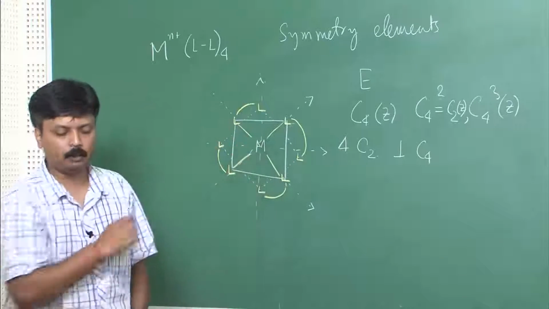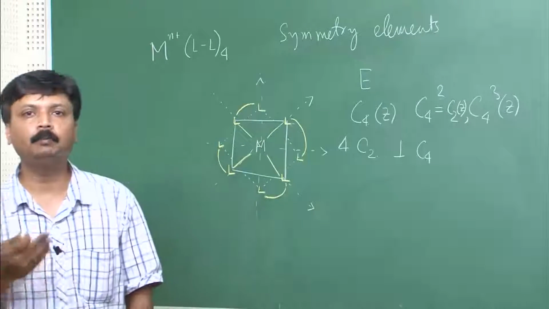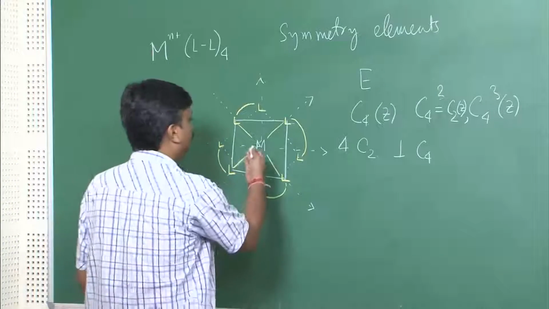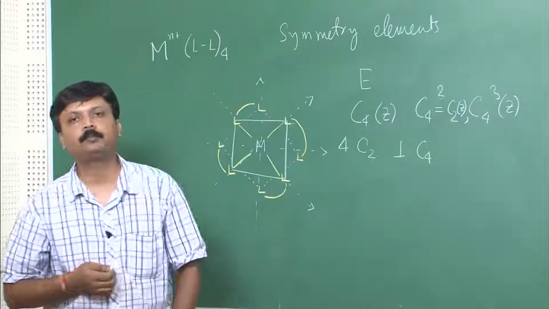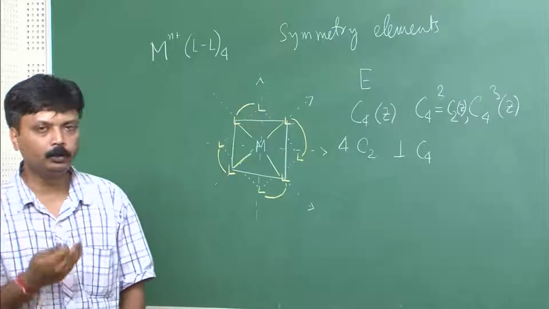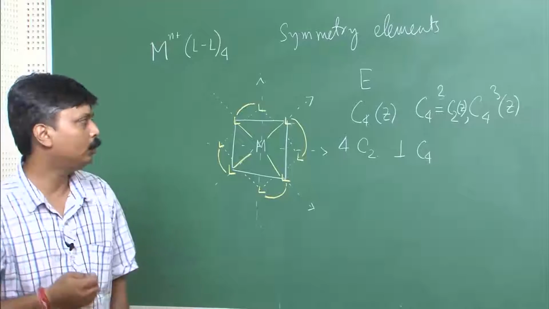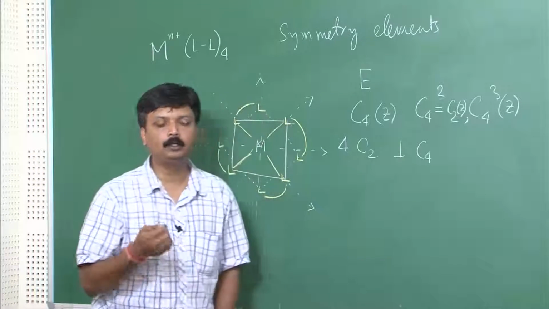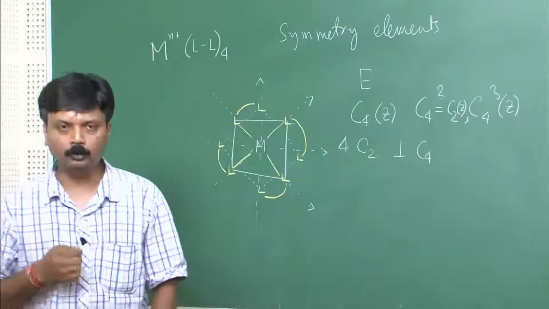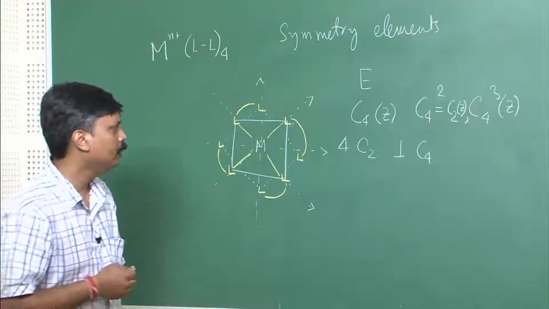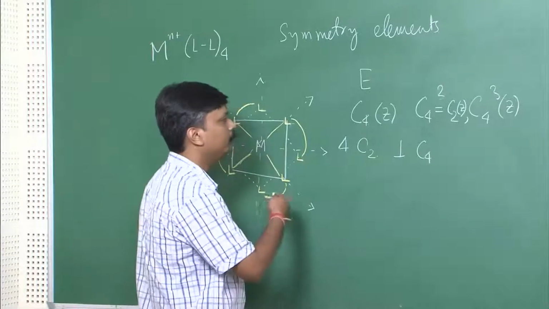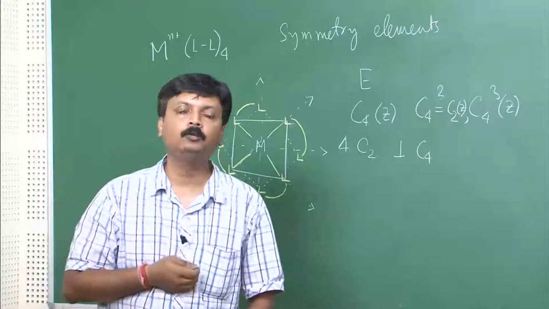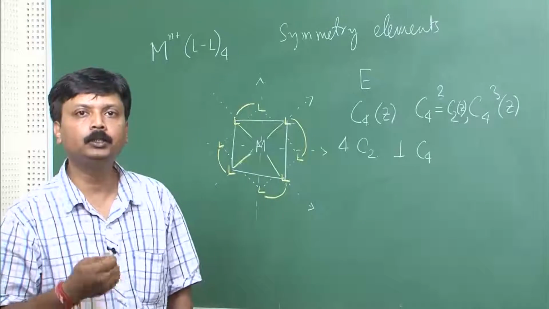If I look at the symmetry operations of this molecule, it clearly tells us that it does not belong to any of the special groups. It does not have multiple principal axes of rotation, it is not a linear molecule, and it does not have only inversion or only sigma as the elements present. Therefore we directly go, if you remember, to step 4 and step 5, which we used to classify molecules into point groups.